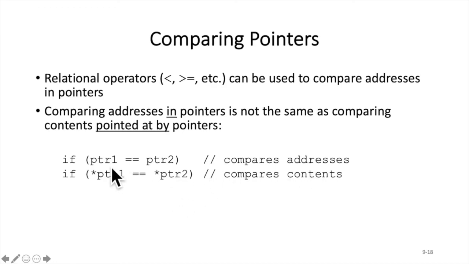It means that this pointer refers to the same location that the other pointer refers to. If we want to compare the content, we need to use the asterisk. You need to use asterisk ptr1 equal to asterisk ptr2. So this is to compare the content, and this one is to compare the address.